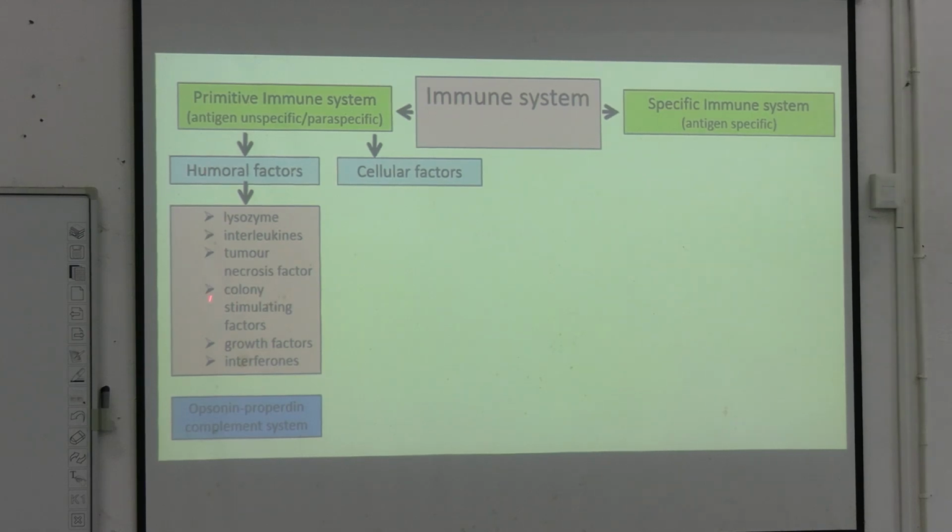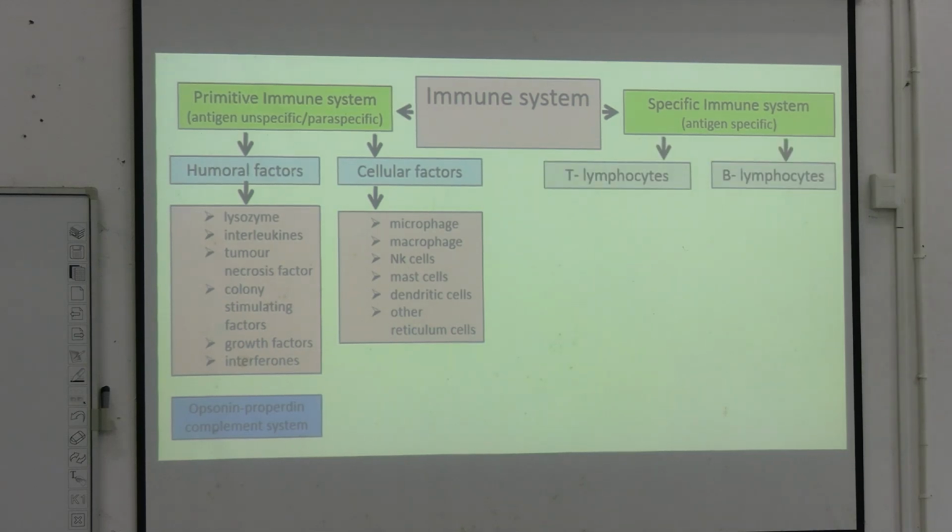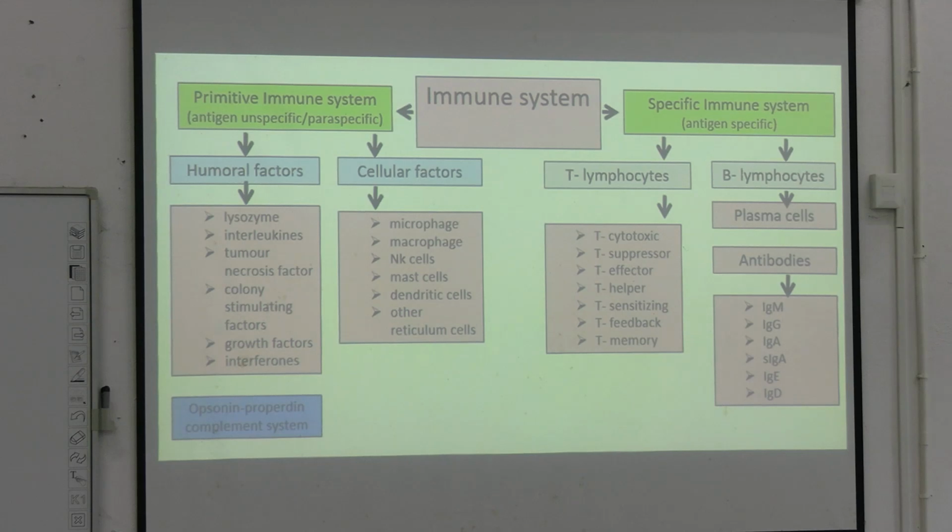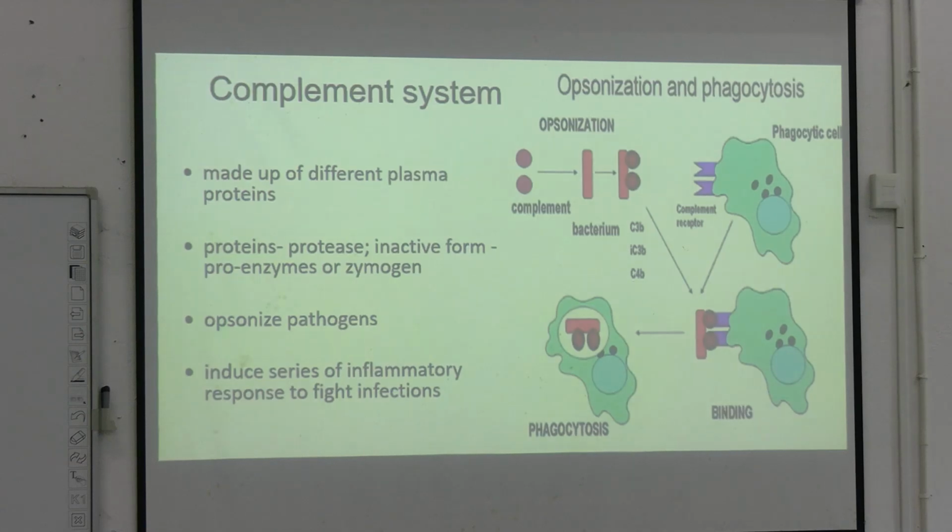Among them, there are a lot of proteins like lysozymes, interleukins, tumor necrosis factors, cellular factors like microphages, macrophages, natural killer cells. And in the specific wing, we have cell mediated immunity from T lymphocyte that is directed, and B cells which ultimately stimulate the plasma cells to produce specific antibodies.